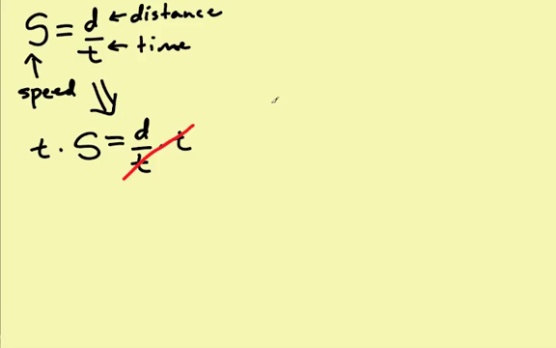Now, the next thing that I want to talk about is how to get from the distance formula to the time formula. So let me just rewrite this, and we have distance is equal to speed times time. Okay.